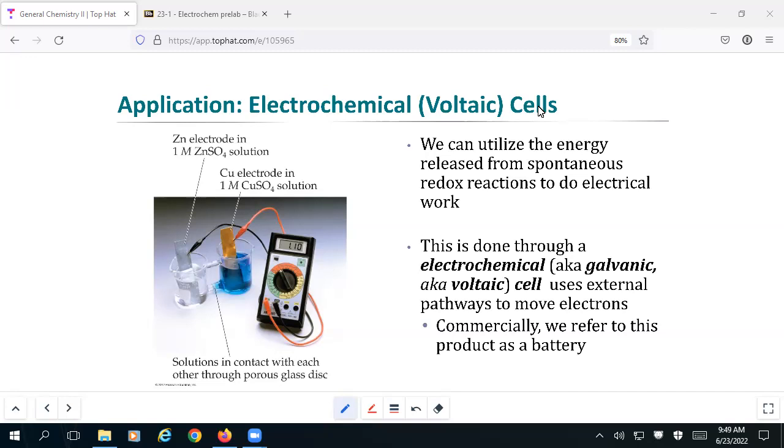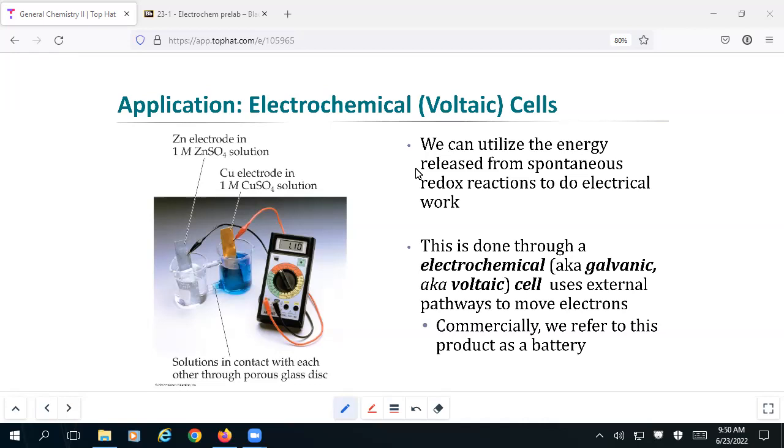But what we're going to be looking at are electrochemical cells. This is kind of the application that's going to tie together redox reactions and the concept of spontaneity from thermodynamics.